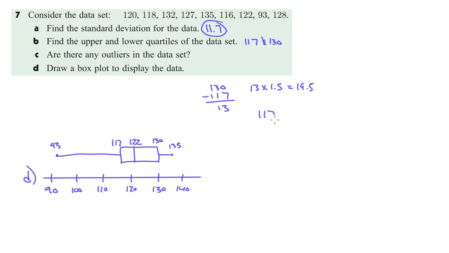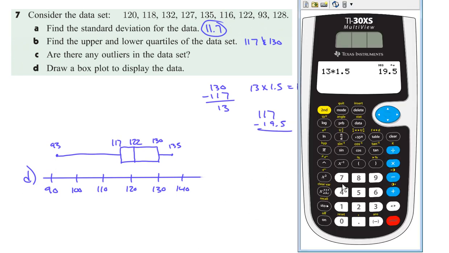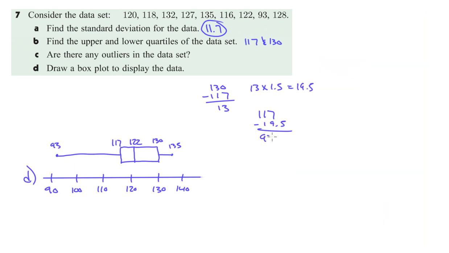So we take 117 minus 19.5. We can just use second answer to go a little quicker. 97.5 is the end of that. So here's our cutoff. So really 93 is an outlier, isn't it?